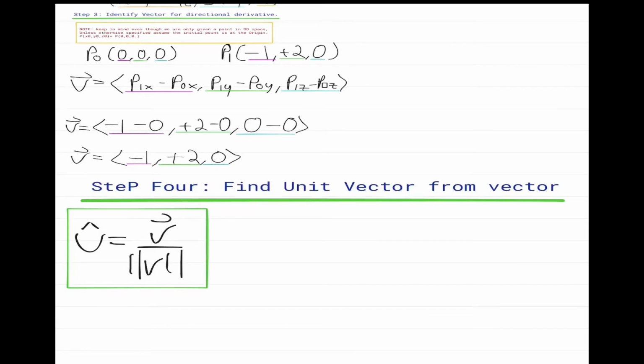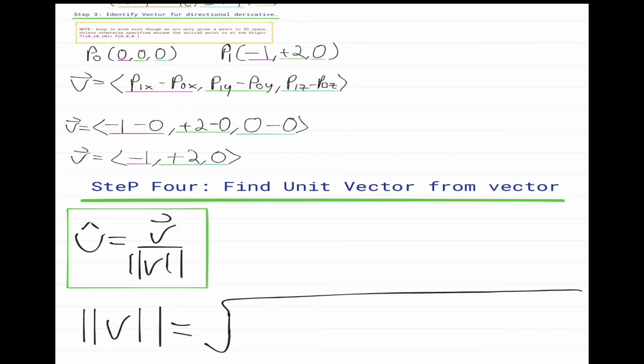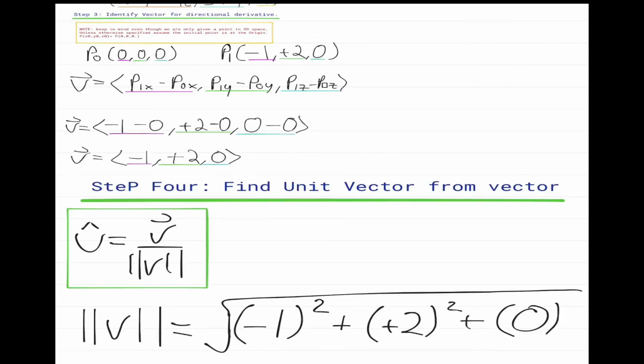We're going to use this because later on we're going to dot this with our other vector that we have for partial derivatives. So the first thing we have to do is find the magnitude of our vector. The magnitude of our vector is equal to the square root of the x term, which is -1 squared, plus +2 squared, plus 0.